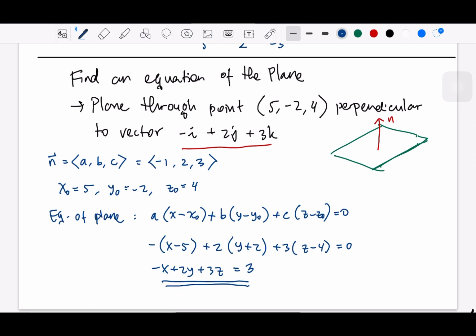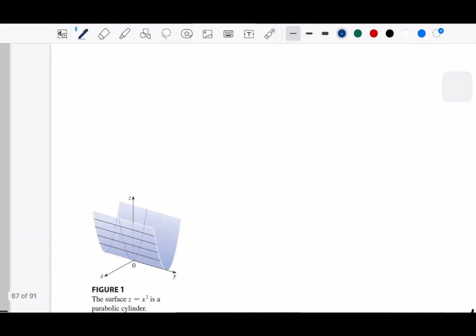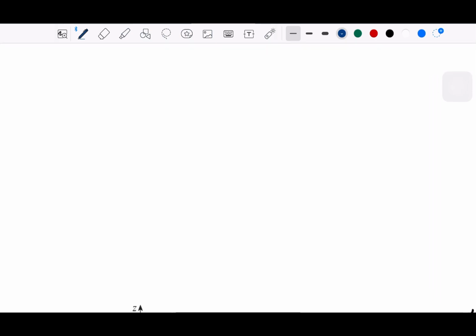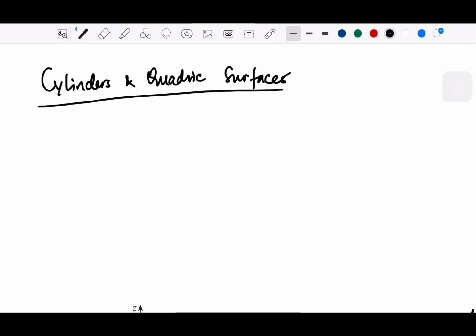Okay, so let's move to one more section, which we call cylinders and quadric surfaces. So in 3 dimensions, if we would like to write, for example, z equals x squared.